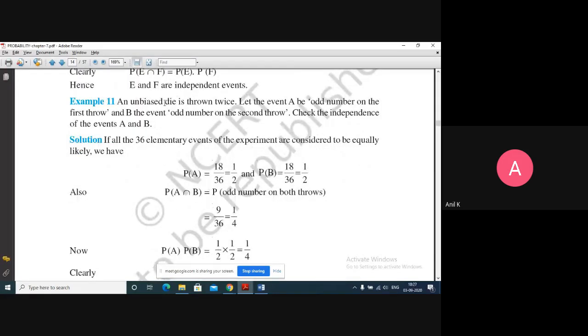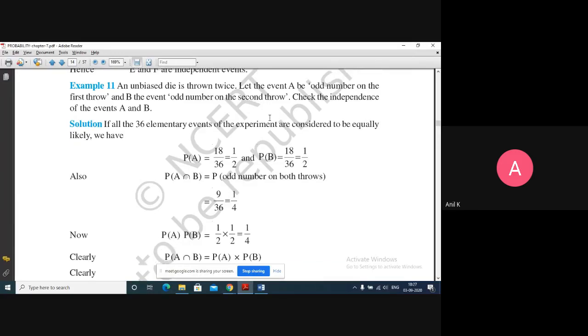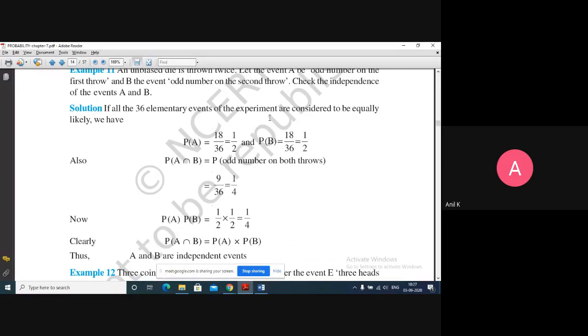Okay, next. An unbiased die is thrown twice. Let the event A be an odd number on the first throw and B be an odd number on the second throw. Check the independence of the events, whether they are independent or not.